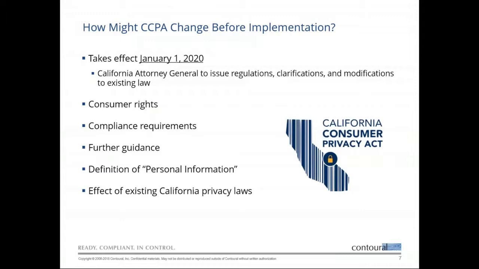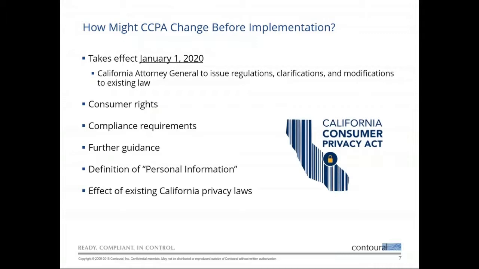I think we're already seeing some legislation change in response to the original law, and we'll probably get a lot more guidance on how to comply with the law. What's, I think, almost certain not to change are the rights that the law is granting to consumers. I would expect those rights to stay the same. I don't think that that's going to change any.